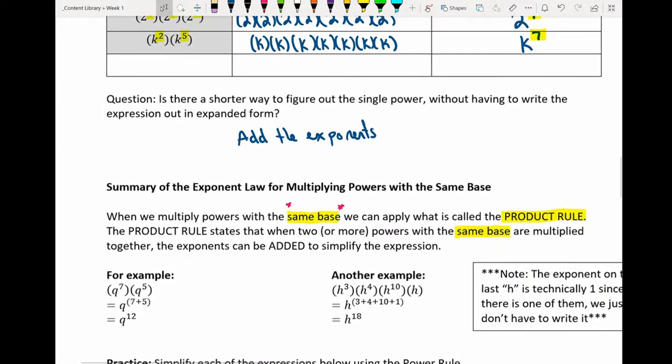So we see a couple examples here. q to the power of 7 times q to the power of 5. They have the same base. I can add 7 plus 5 together, so I get q to the power of 12.